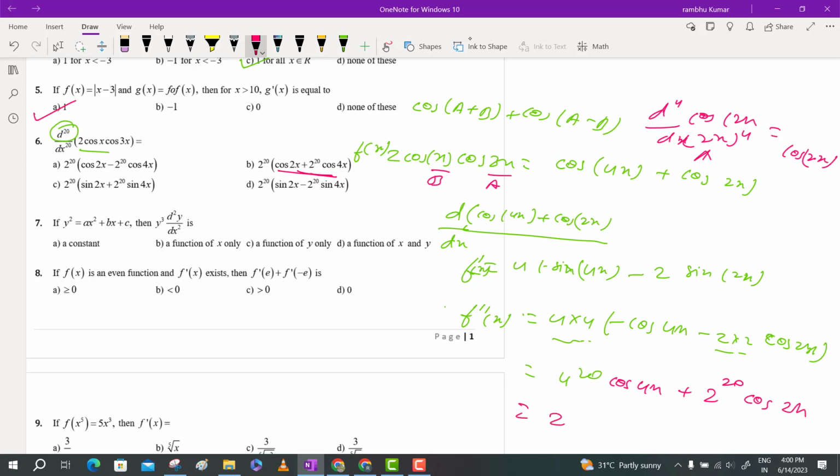If you take 2 to the power 20 common, this will become 2 to the power 20 cos 4x plus cos 2x, because 4 to the power 20 can be written as 2 to the power 40.